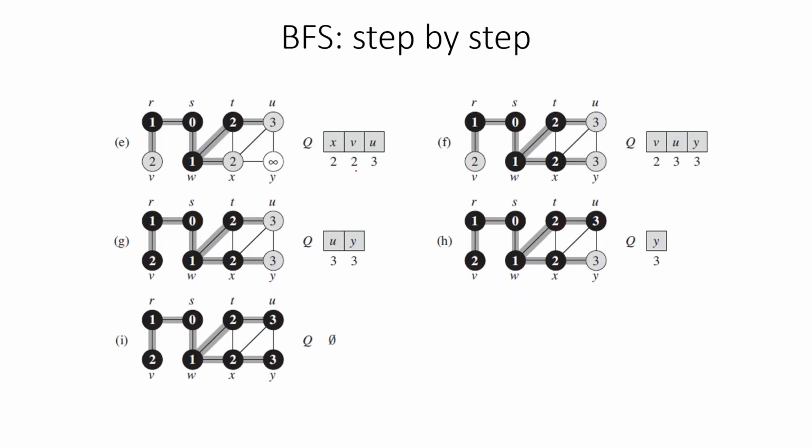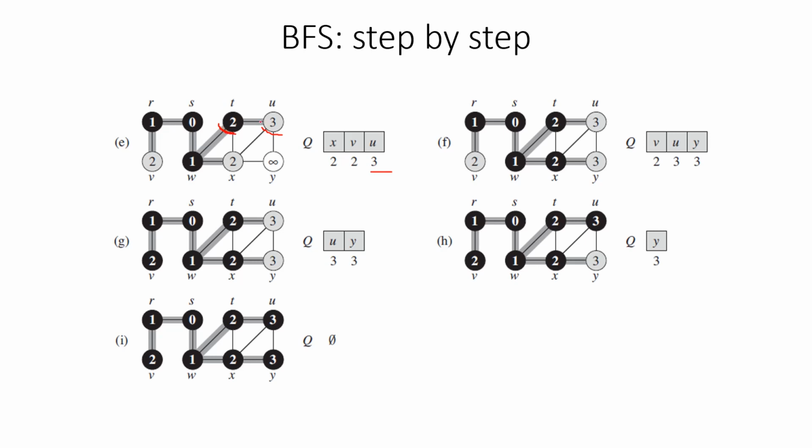On the next step, we take out T, right? And from T, we start to explore all the adjacent elements that are not in our data structure, that are not discovered yet. The adjacent element of T is U, so we put U here, and we give 3 because its predecessor is T, and T has 2.